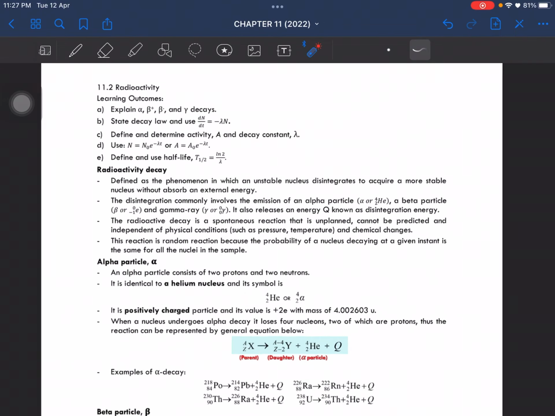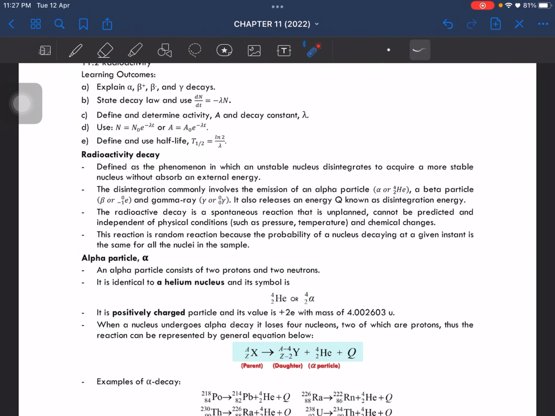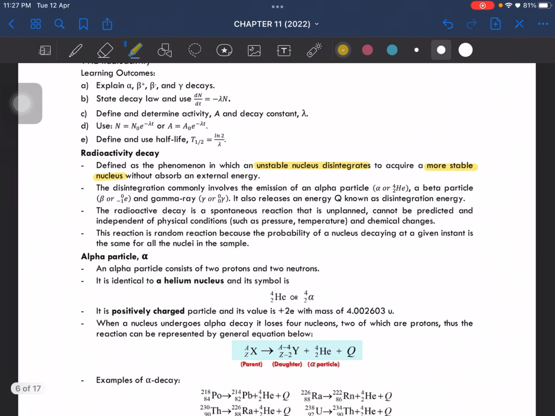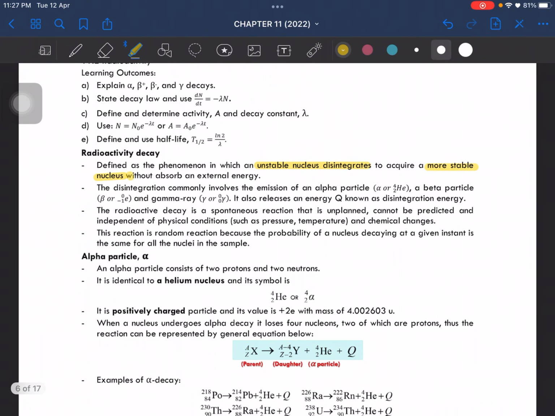Right, so radioactive decay is defined as the phenomenon in which an unstable nucleus disintegrates. They disintegrate to acquire a much more stable nucleus. So why do they disintegrate? Because they want to have a much more stable nucleus, without absorbing any external energy.